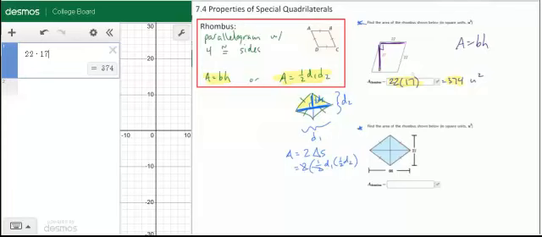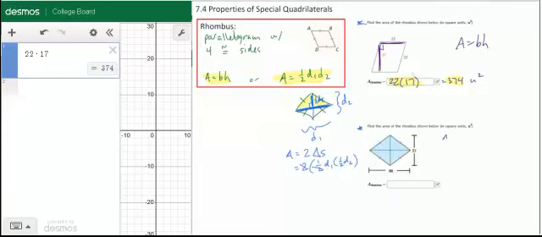Now for this second figure, we don't have the base. You have enough information that you could find the base, which would involve some trig ratios, but you don't have to, because we have this other formula. It's based on the fact that there are 2 isosceles triangles, like this shaded one, added together to form this rhombus. So we're taking the area of that one triangle and multiplying it by 2.